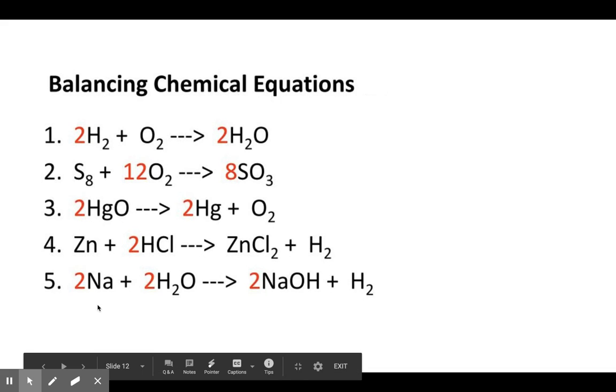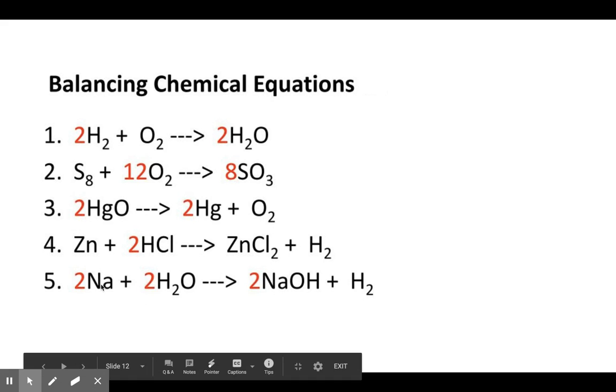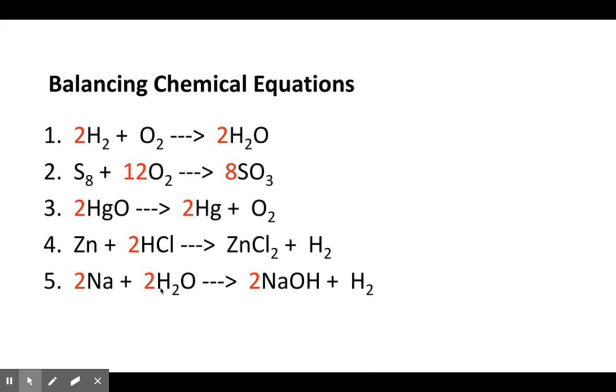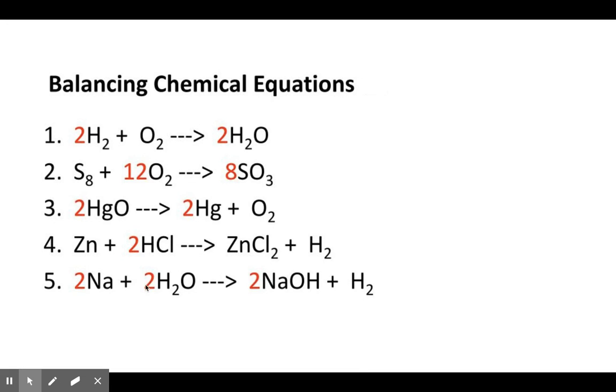Okay, last one. A little bit trickier. So as I started off, I probably start with the first one and I think that these guys are balanced. And then I get to my hydrogens and I start to see that my hydrogens are not balanced because I have a hydrogen here and I have 2 here. So it's 3 on this side. But when I come over here, I only have 2. I can't just add 1. My coefficient is 1. The only choice I have is to bump it up to 2.